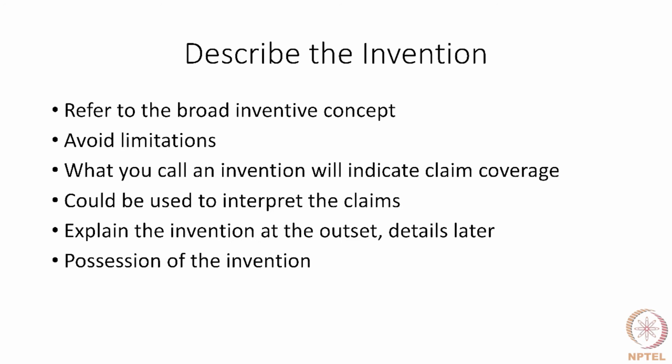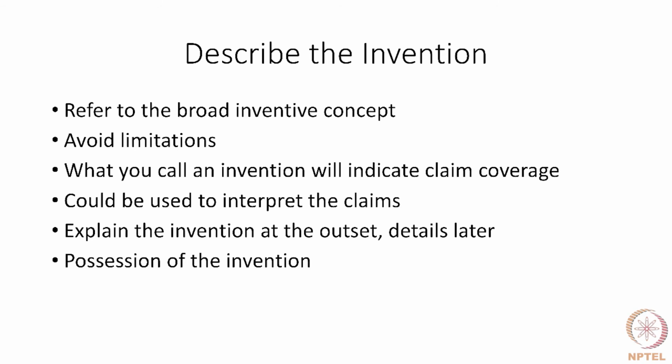Possession is to show that you have already worked the invention and you have done it. It's not something in the future that you need to do. The language that you use should demonstrate that you already have the invention. You have already invented it. In some applications, they would use the future tense, that we plan to do this, we propose to do certain things.